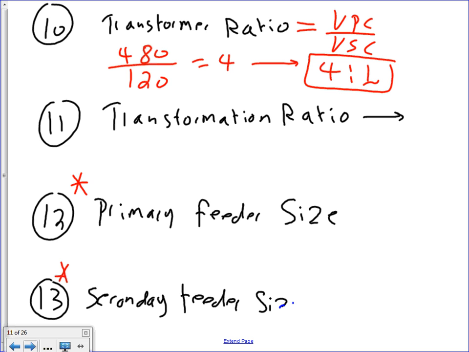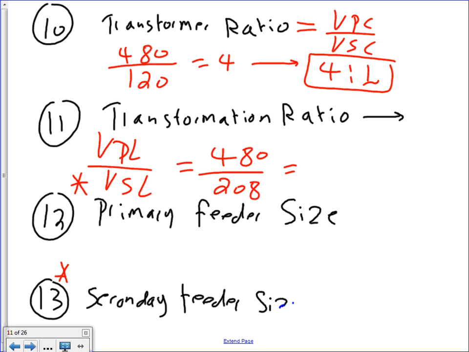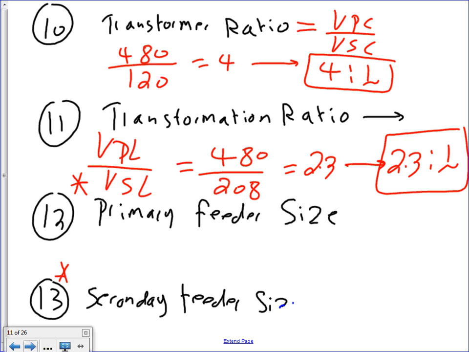480 divided by 120. Transformation is defined as V primary line over V secondary line, and that will give you 480 divided by 208. That will get you a healthy 2.3. If you do it as a ratio, it becomes 2.3 to 1.